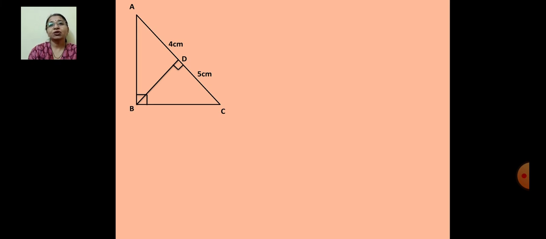Let me tell you the meaning of geometric mean. Suppose A, B and C are three numbers given to you. If the square of the middle number, say B, is equal to the product of the extremes, that is A and C, then that middle number B is called the geometric mean of A and C. Here also the relation is BD square is equal to AD into DC.